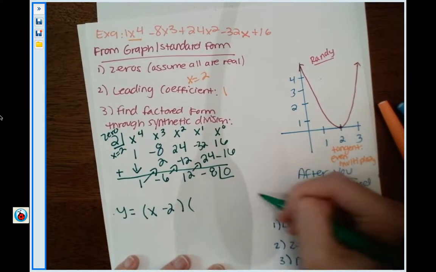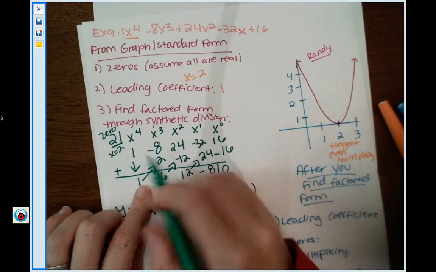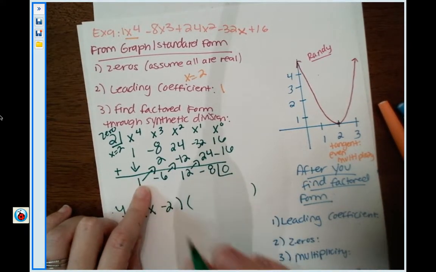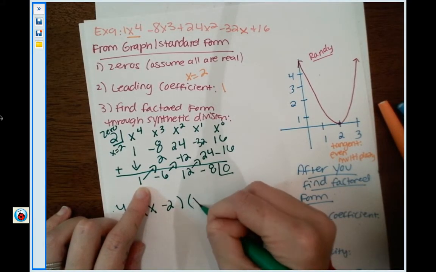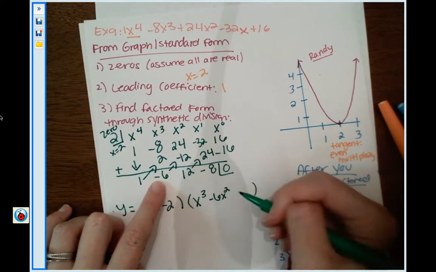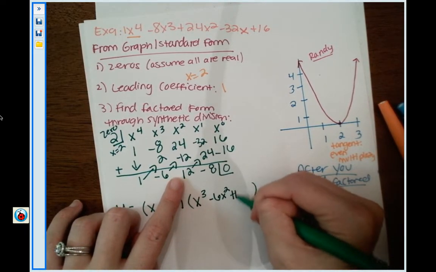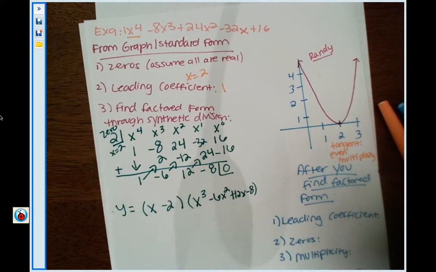Then beside this, I'm going to write my depressed equation. I started with x to the fourth, so I'm going to start with one exponent less than this. So it'll be 1x to the third, or just x to the third, then negative 6x squared plus 12x, and then minus 8. So we're getting closer.